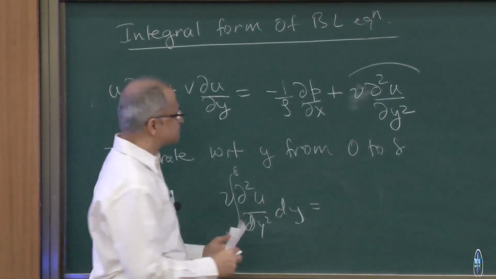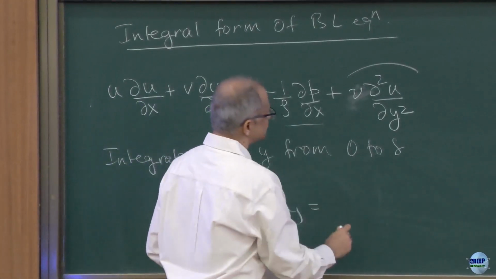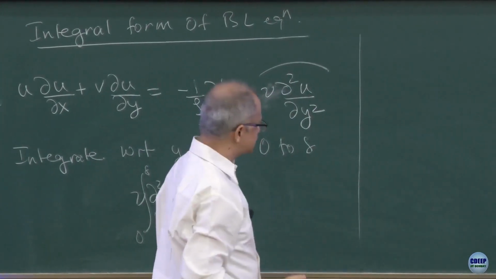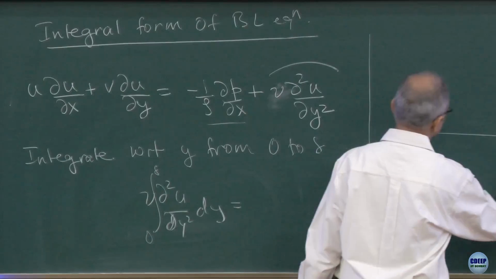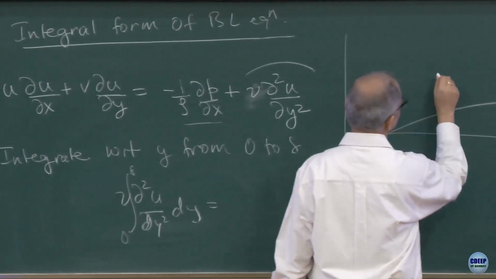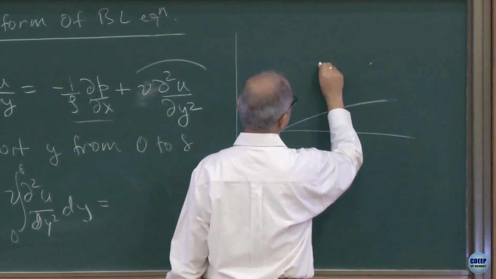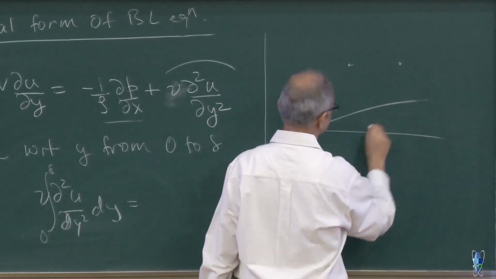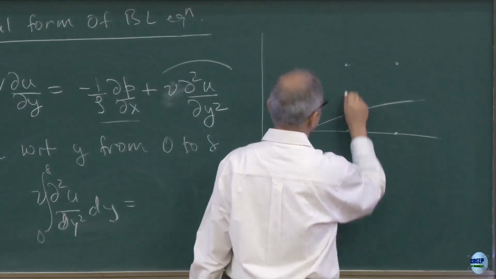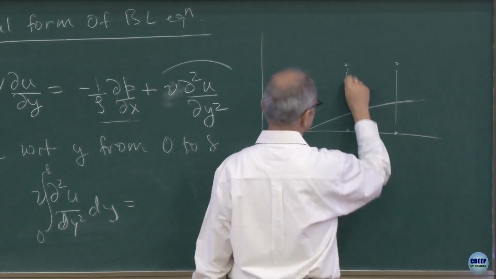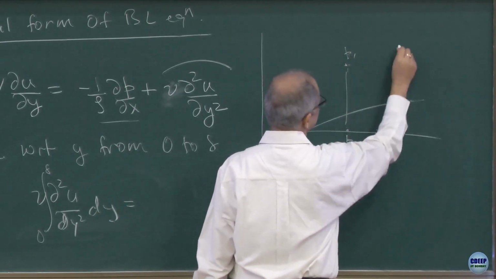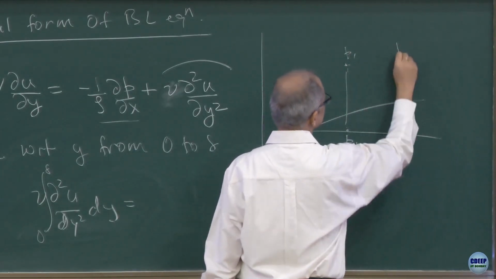Now this term is also easy to understand because we know that pressure along the x direction is related to whatever is happening outside. Between these 2 points, we have already seen that dp dy is equal to 0, so whatever is the pressure here is the pressure here. So if this is P1, this is P1, and if this is P2, this is P2.